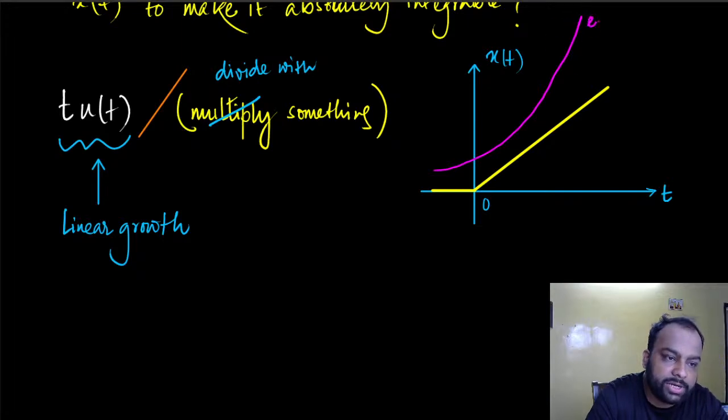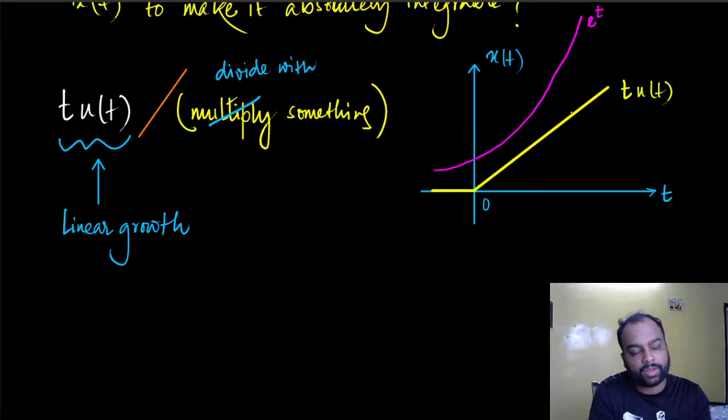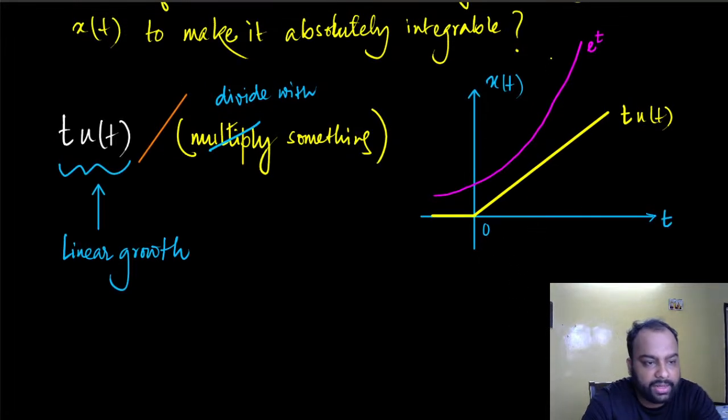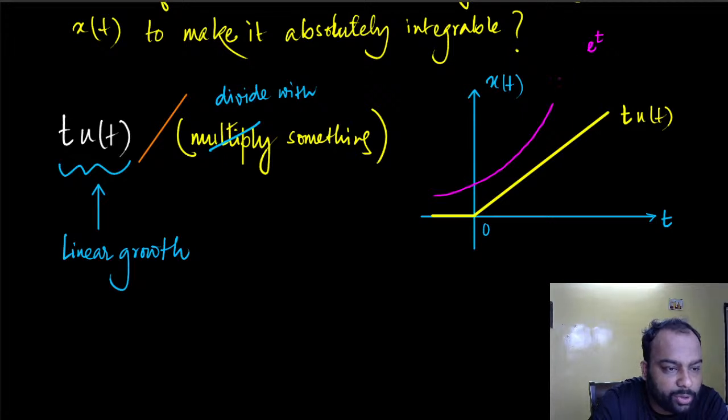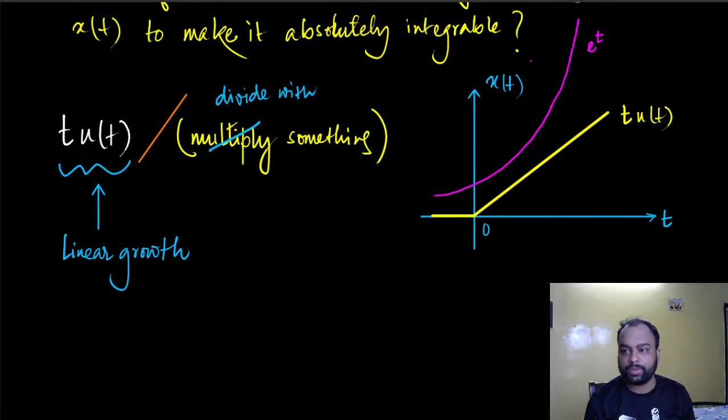This is e to the power t, and that's tut. Now try to understand, this signal is growing even faster, right? Maybe my drawing is not that correct, because exponentials do rise up pretty quickly, right? Their value actually goes up substantially very quickly, right?